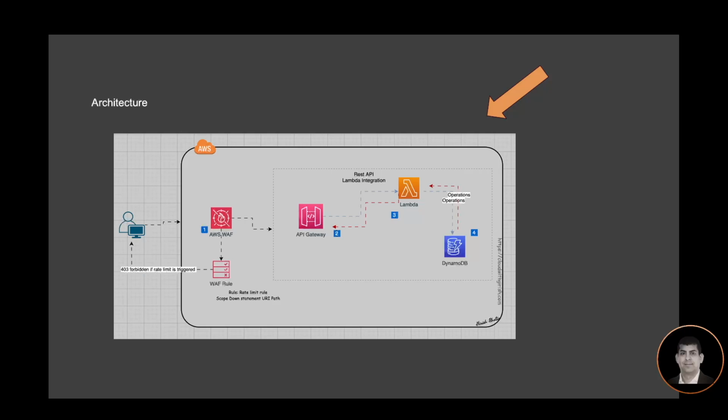However, we are also adding a scope down statement with URI path to meet the use case that only one of the endpoints, which is related to a POST request or creating a new contact, will be restricted using this rule, while the other endpoints like getting the data or updating the data will not be impacted by this rule.